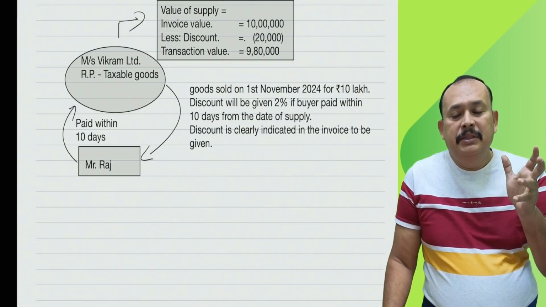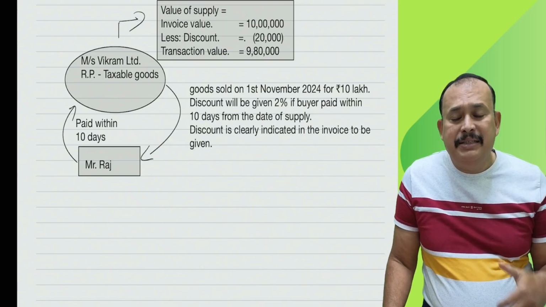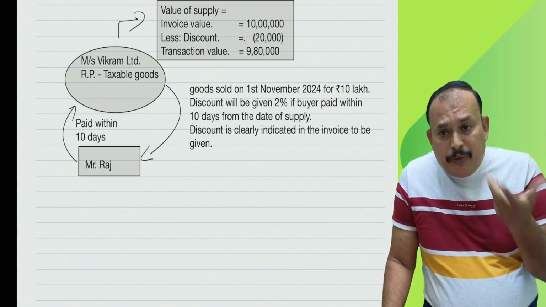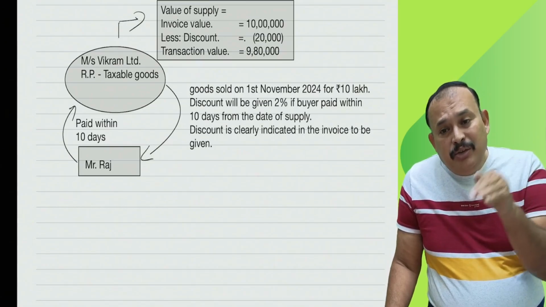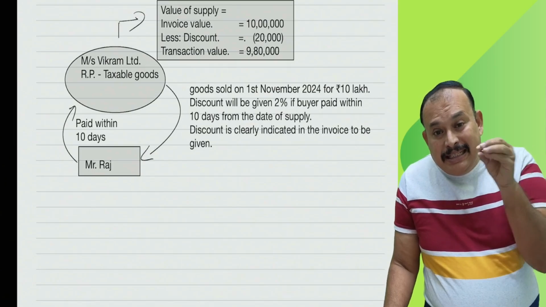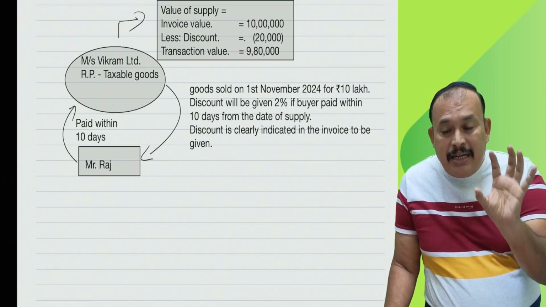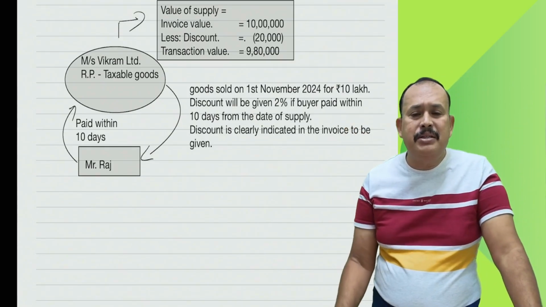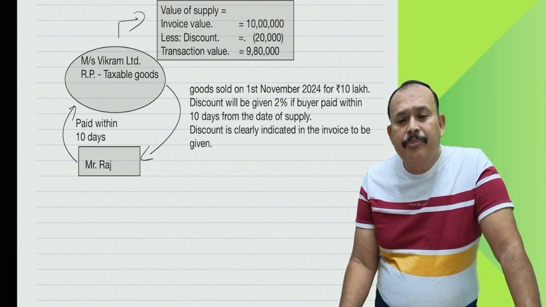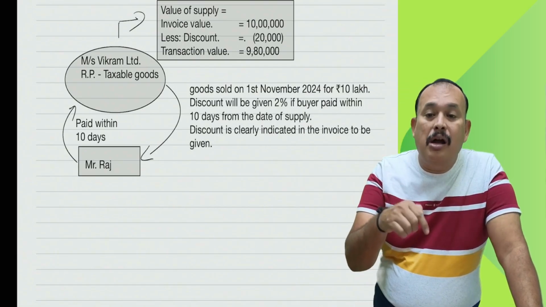Is it clear? Discount is allowed as a deduction if it is given before supply or at the time of supply, or mentioned in the invoice to be given in the future. That means the invoice should clearly indicate the discount, then it is allowed as a deduction. Simple as that. But which discount is not allowed as a deduction?